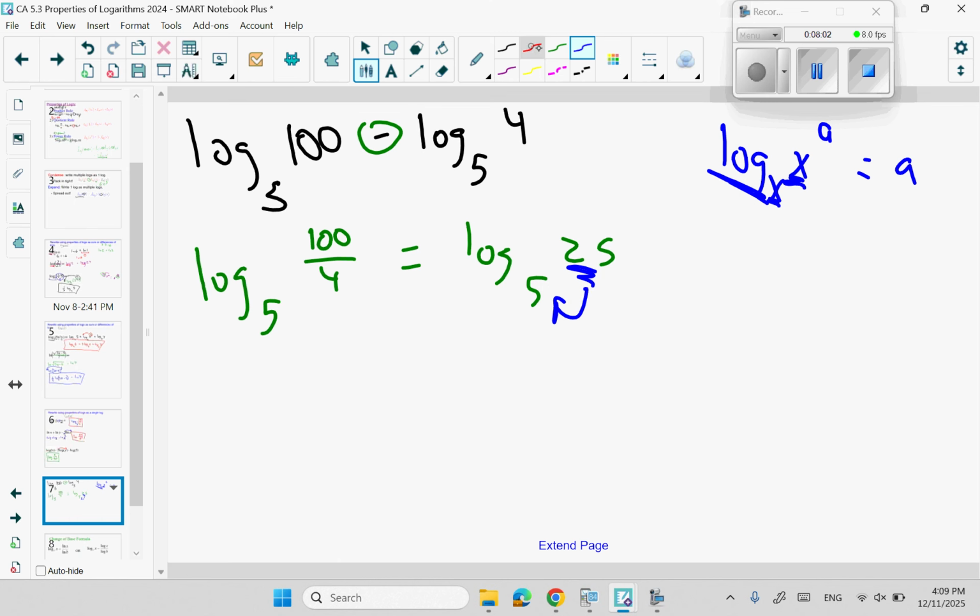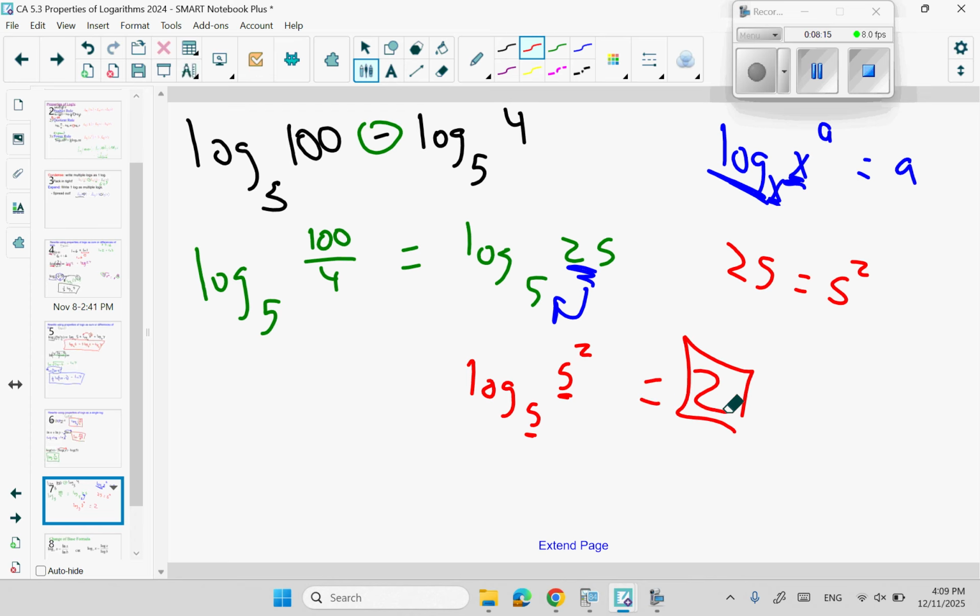So because 25 can be written as 5 squared, if I write this as log base 5 of 5 squared, those numbers match, this whole thing simplifies out, and I'm just left with 2, which means log base 5 of 100 minus log base 5 of 4 equals 2.